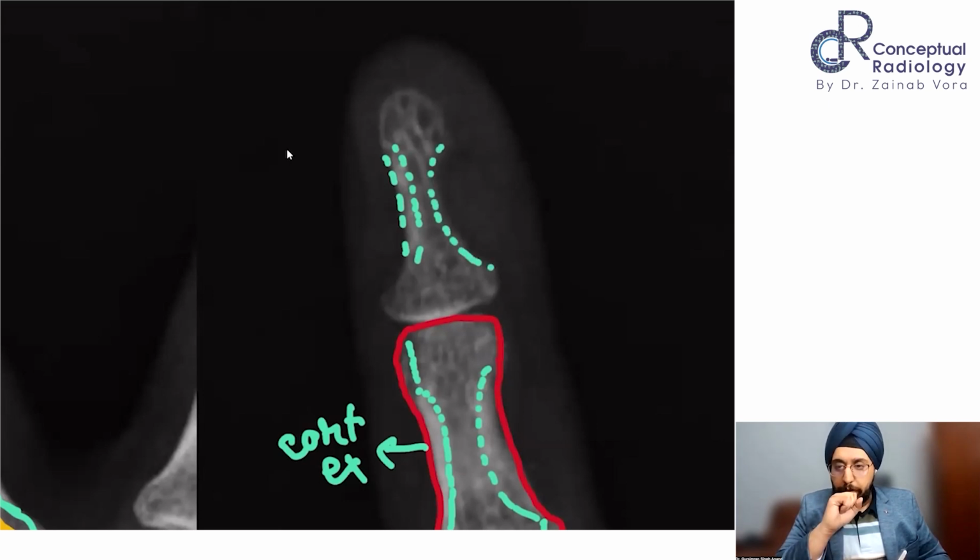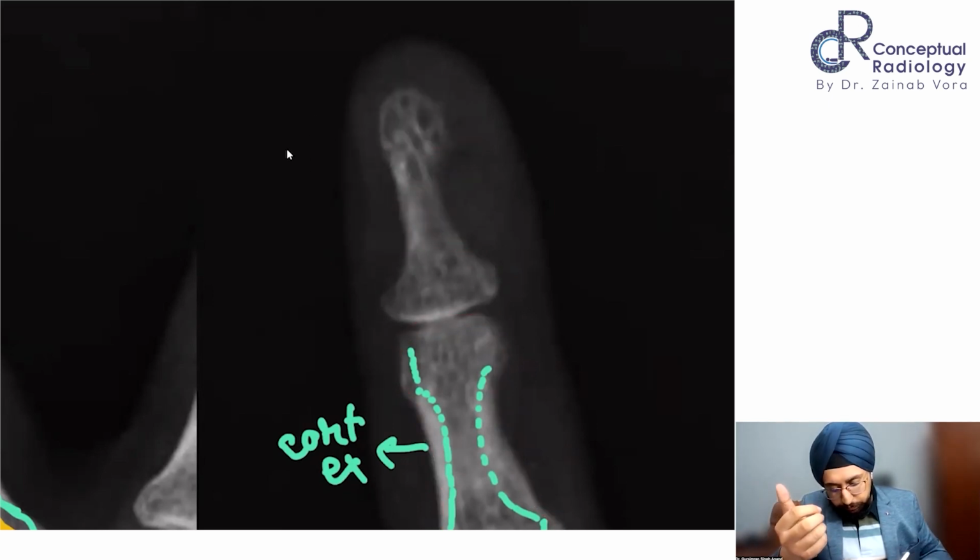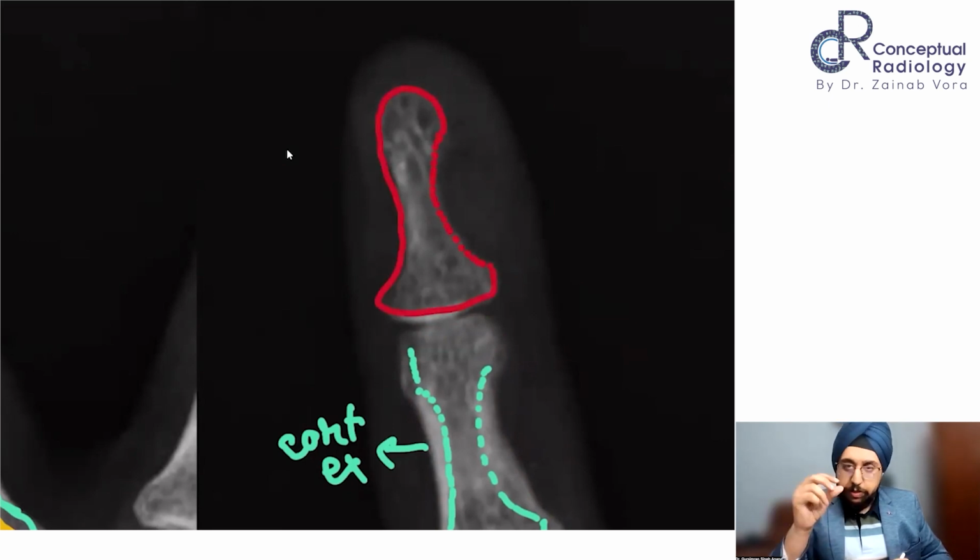Okay, but there are no aggressive features as such which you are able to see. Okay, it's kind of a smooth concave defect with significant thinning of the cortex which you see on this side.